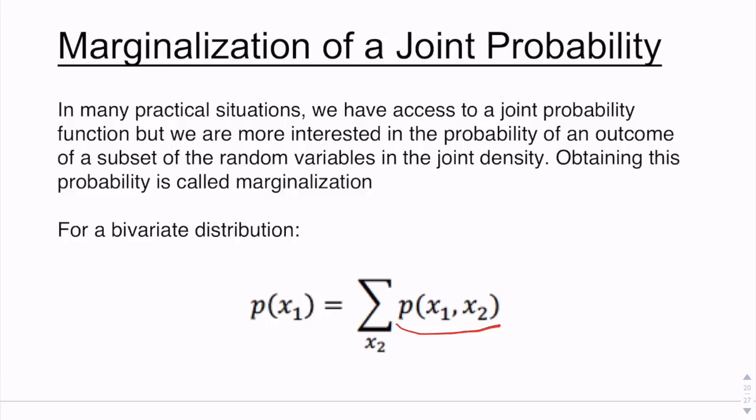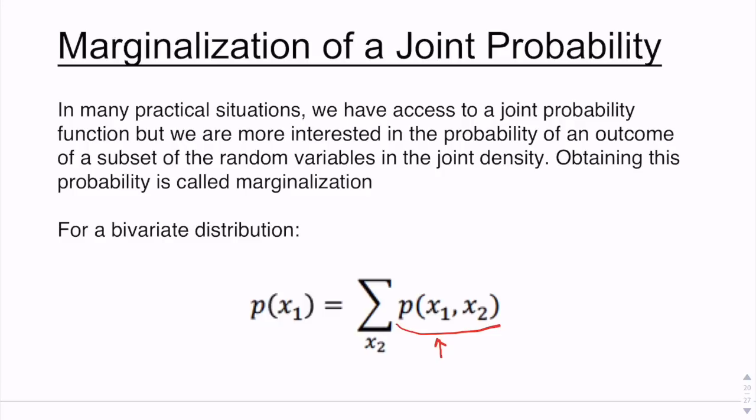Marginalization is done as follows. We keep the random variable we want the probability distribution for intact, and then we sum the probability over all the values of the other random variables.